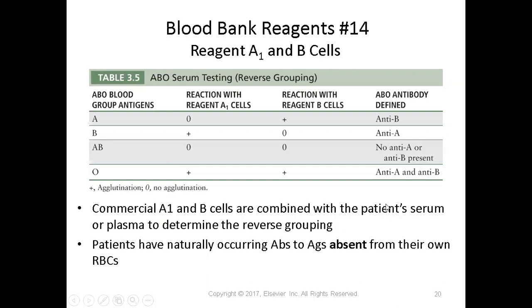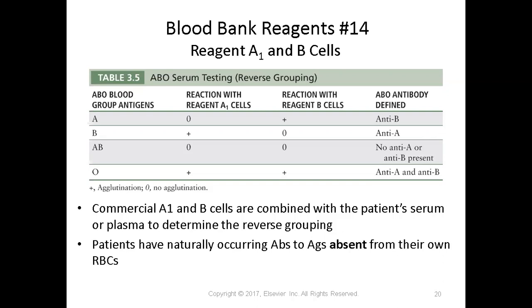First, we're going to put 2 drops of our patient's serum or plasma into each one of these tubes. When we are looking for antibodies in our patient's serum or plasma, we always double up the volume to 2 drops.